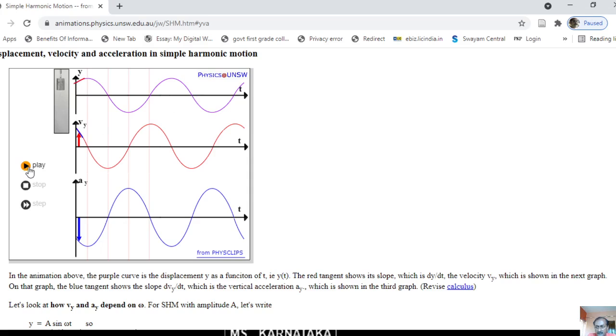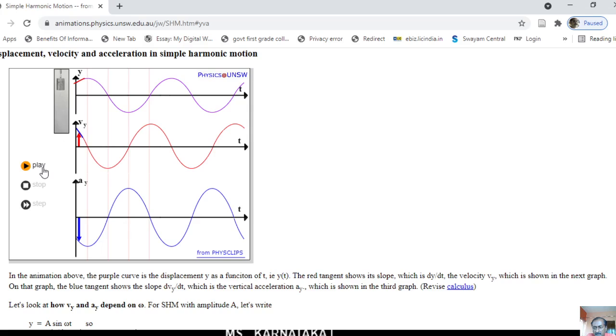Now see here how it moves. This is the tangent. When you draw the straight line at the edge of this sinusoidal curve, that point of contact represents the tangent.